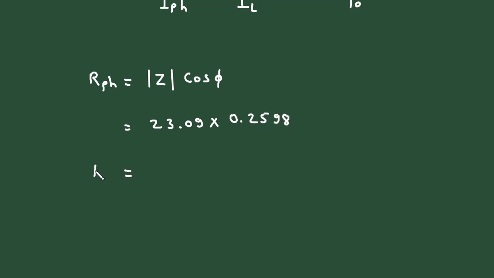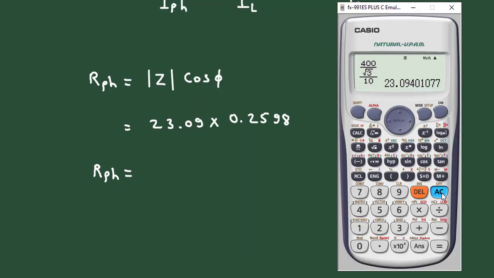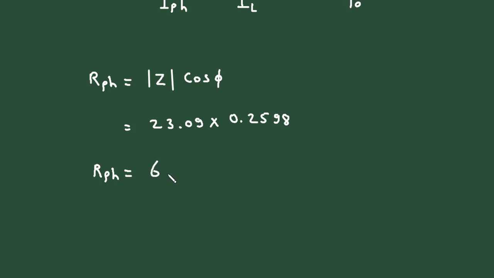So RPH is 23.09 multiplied by 0.2598, which is 5.998. That means it is equal to 6. Since it is a resistance, its unit is ohm. So this is the resistive component.